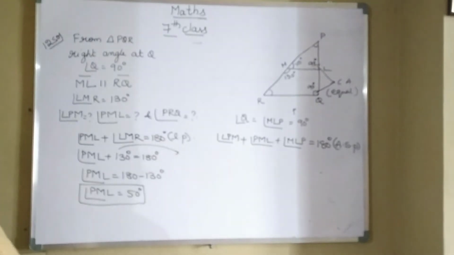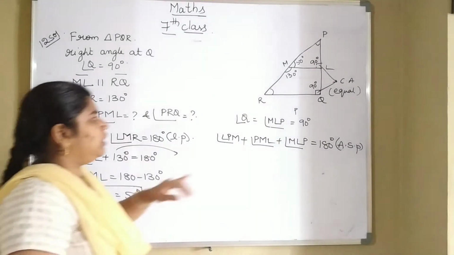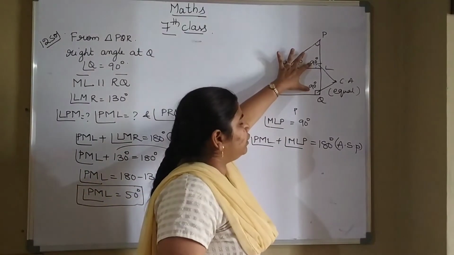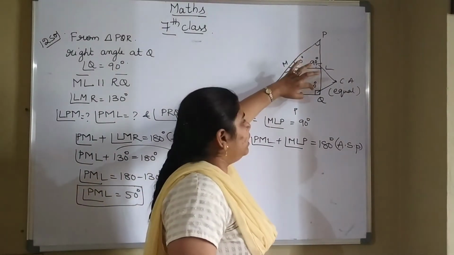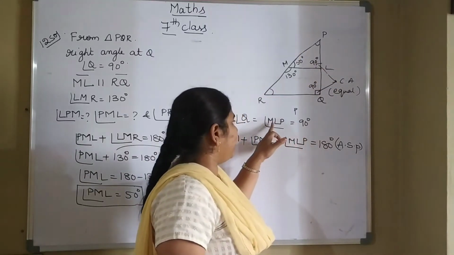Okay, understood till here? So I got the angle PML value. So here these two angles are corresponding to each other, so that will be equal. Here 90 means here also 90. This L I wrote in the form of MLP.